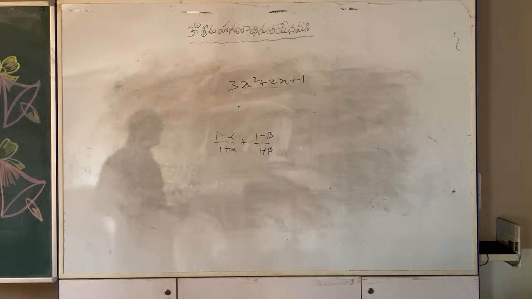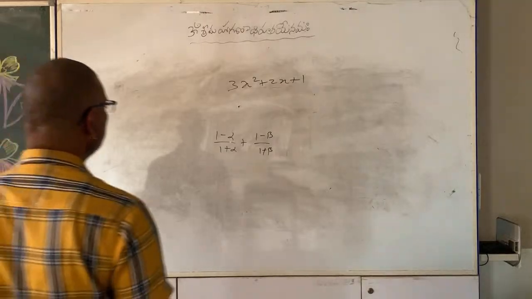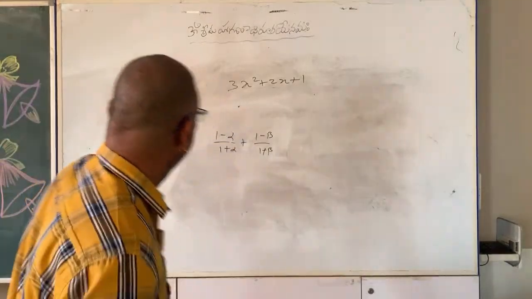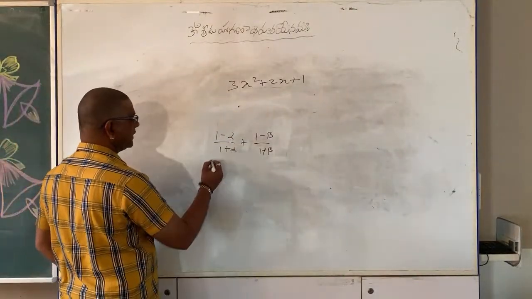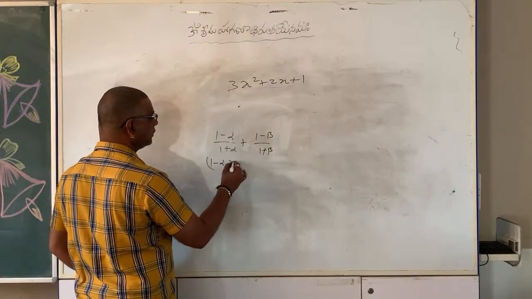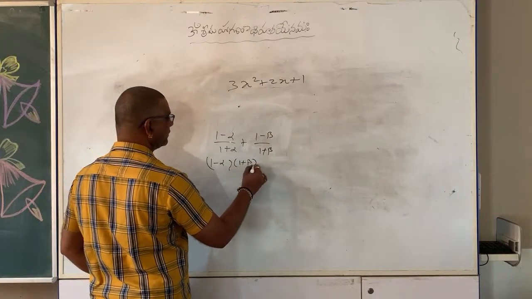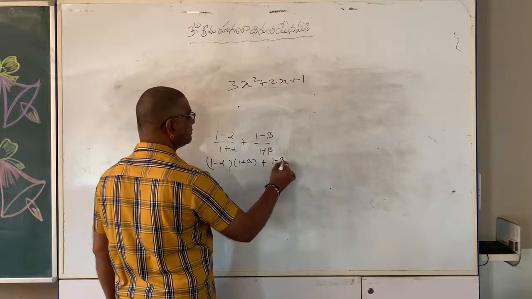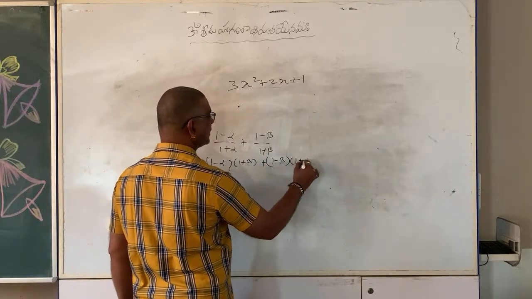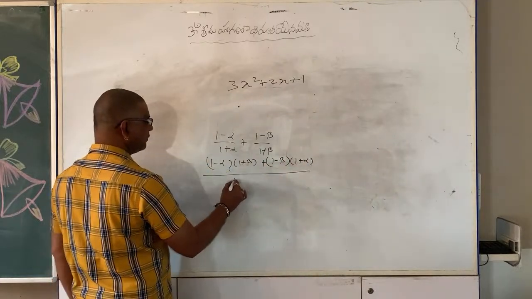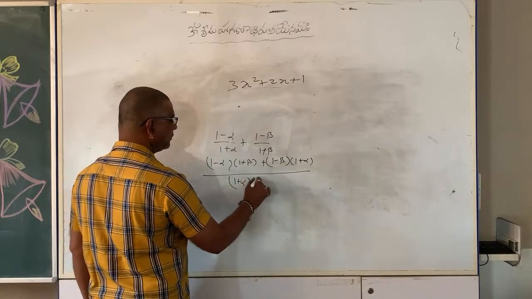Now do it. Sum of zeros and product of zeros. Then substitute the alpha plus beta value and alpha beta value, children. What do you have to do? First multiply 1 minus alpha into 1 plus beta plus 1 minus beta into 1 plus alpha by 1 plus alpha into 1 plus beta.